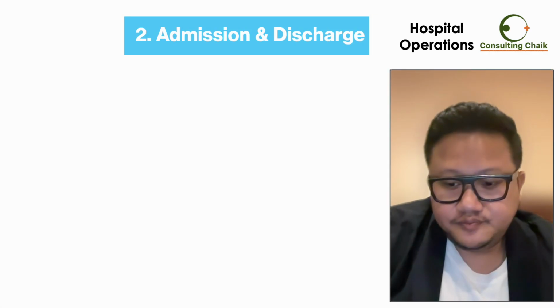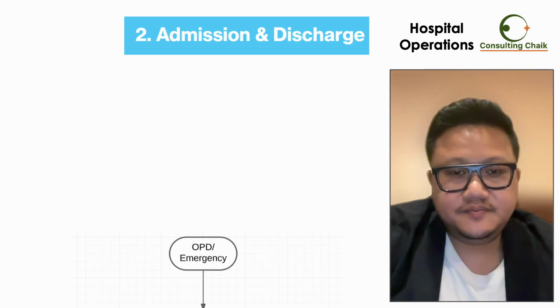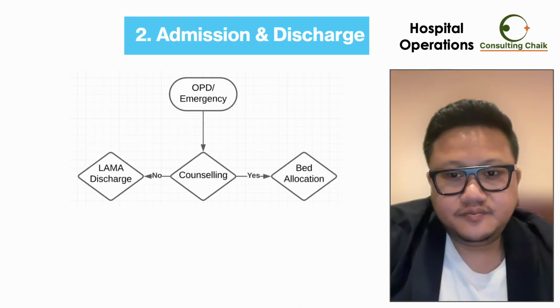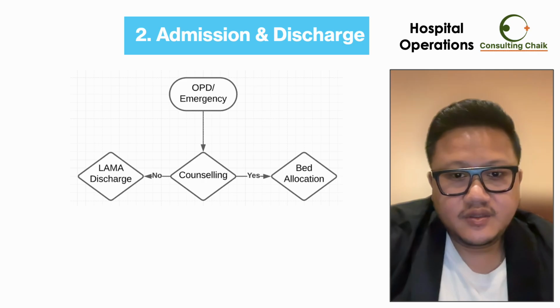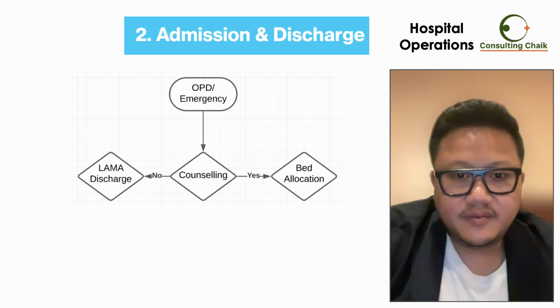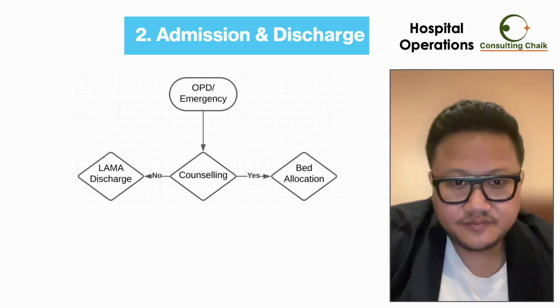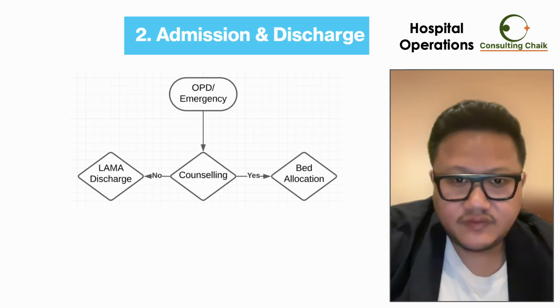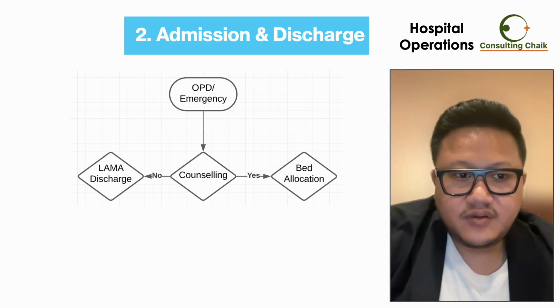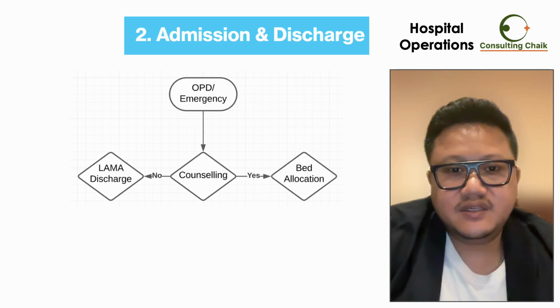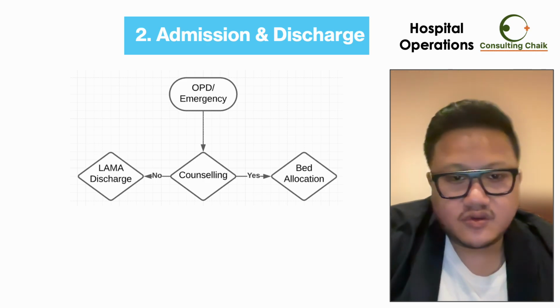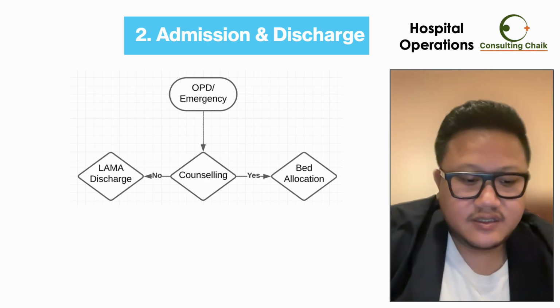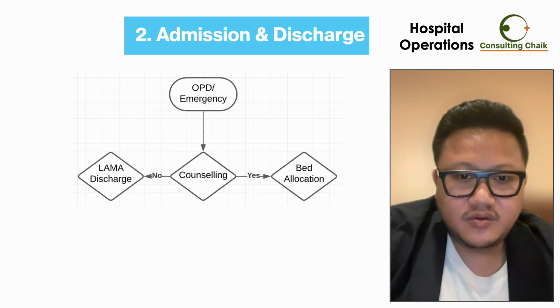Now about admission and discharge. Very simply put, so admission can happen from OPD or emergency. So then we do counseling of the patient. So if the patient feels that the hospital is too costly and the patient will not be able to afford that, then they go for LAMA.